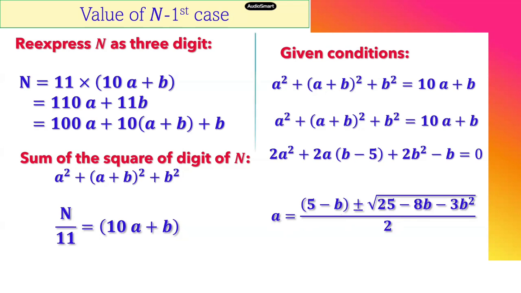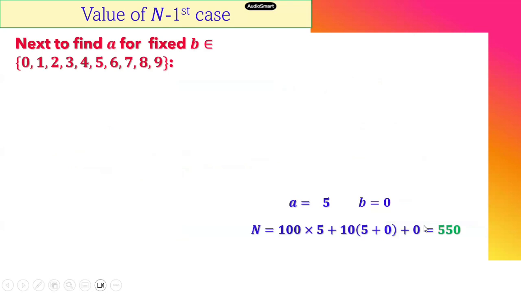So we take b as different values from 0 to 9. For b equal to 0, a will be (5 plus or minus the square root of 25) over 2.